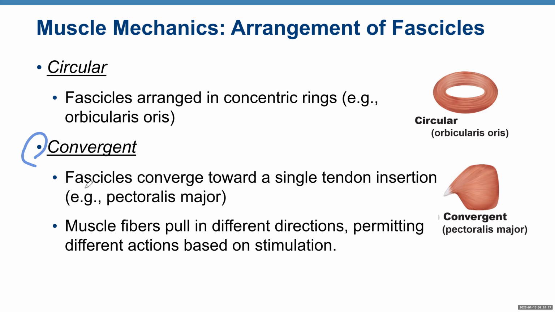Convergent fascicles converge towards a single tendon insertion. You can see here's a muscle, and the fascicles all converge towards this tendon. An example would be your pectoralis major. Muscle fibers pull in different directions, permitting different actions based on stimulation. It depends on which fascicles are activated.